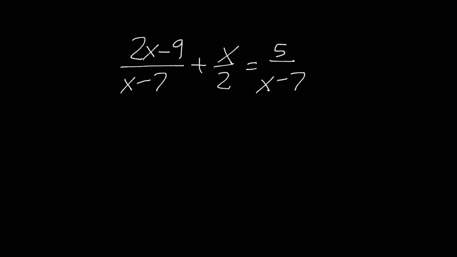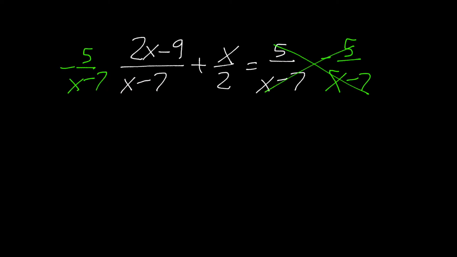We've got a couple different ways we can approach this, but my first approach is going to be to combine like terms. I am going to take this 5 over x minus 7 and subtract it from both sides. Since I'm subtracting, it does not have to apply to both pieces.